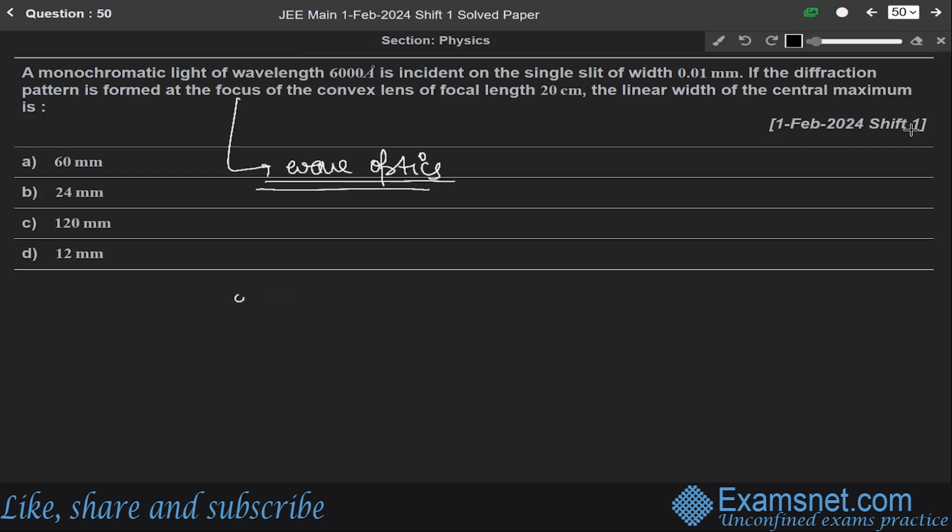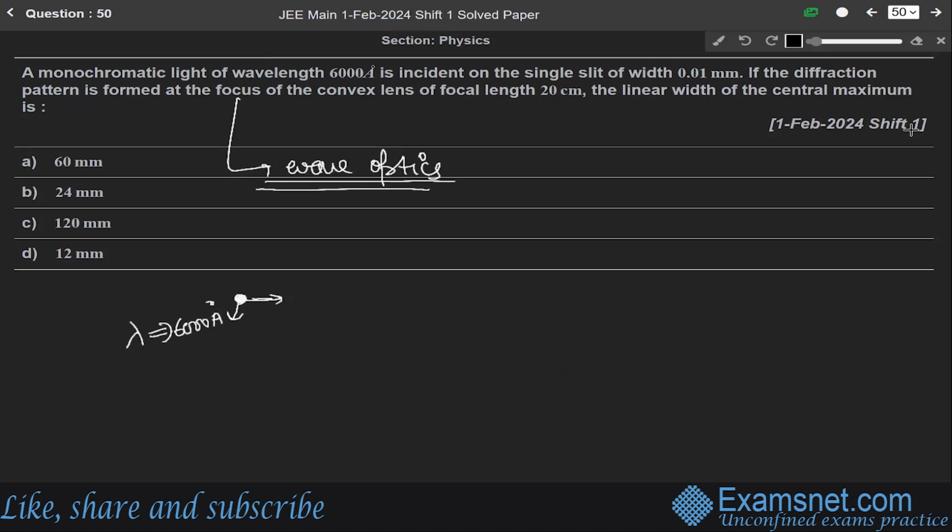Okay, let us say this is the point source. This is a coherent source, means the light coming from this source will be coherent light. And this is a monochromatic light, and the wavelength is given as 6000 angstrom.